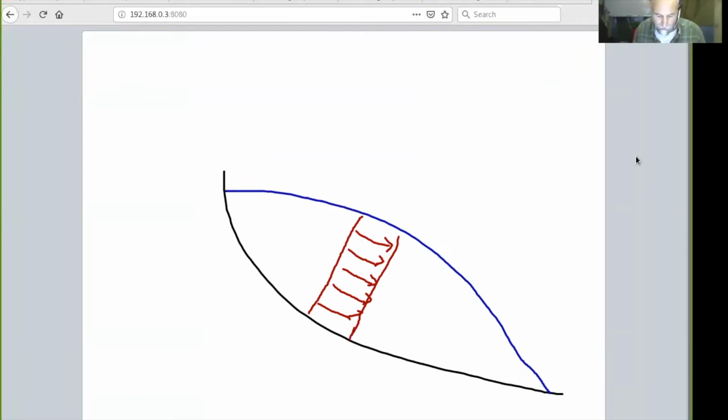The reason for this change is that the internal deformation velocity depends on the shear stress, and the shear stress depends on how far down in this glacier you are. The deeper you are in the glacier, the greater the shear stress. And so that deformation velocity looks more like this.